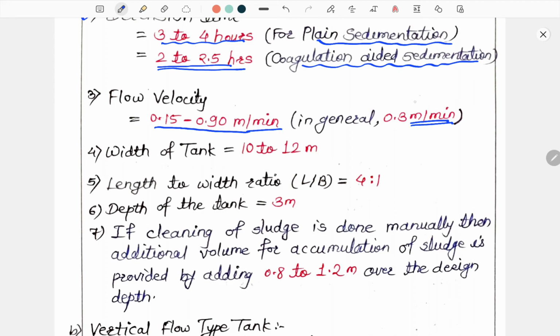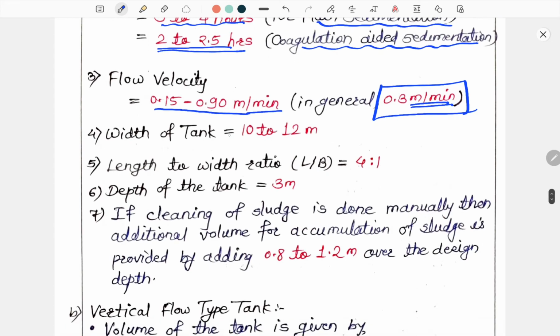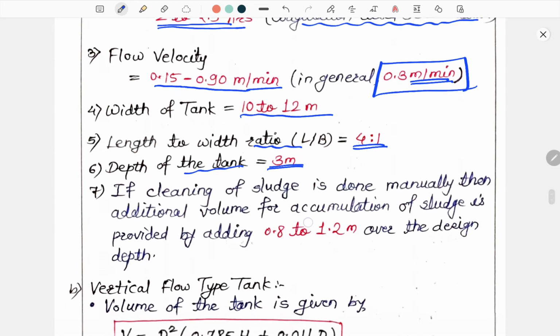So remember general flow velocity. Next one is the width of tank, and it is equal to 10 to 12 meter. Length to width ratio is 4:1. Depth of the tank is 3 meter.